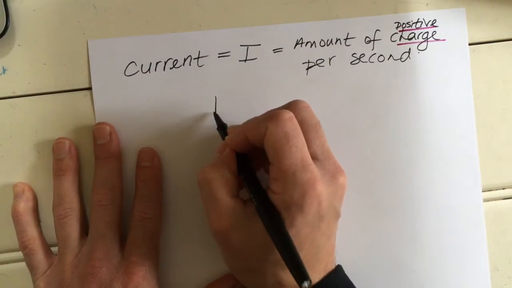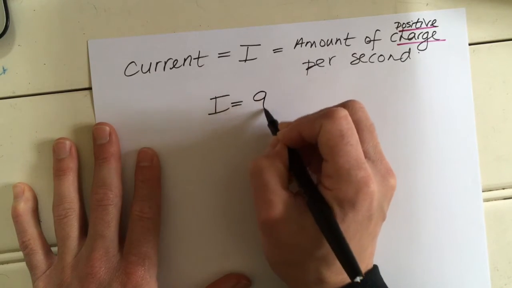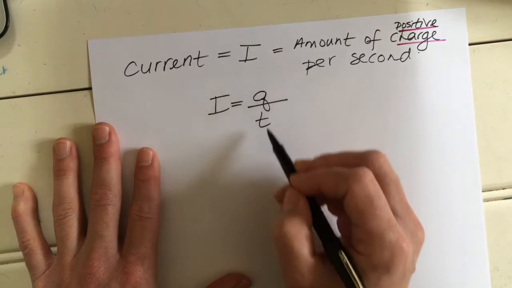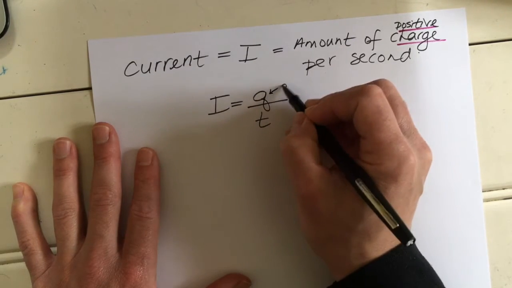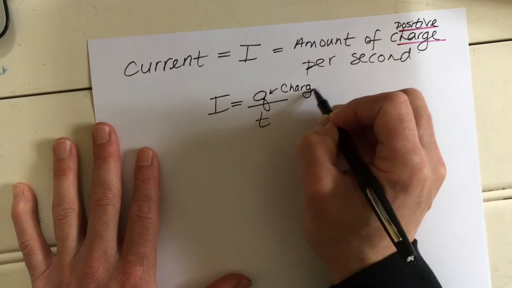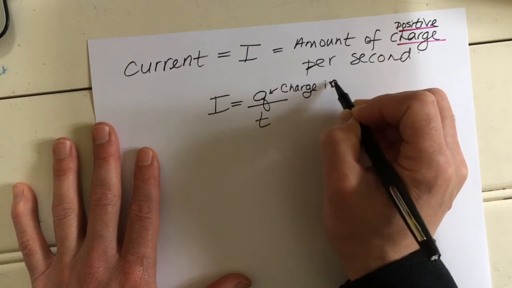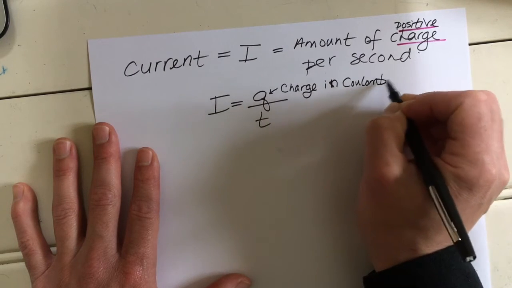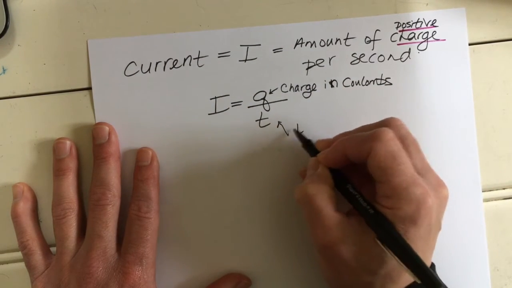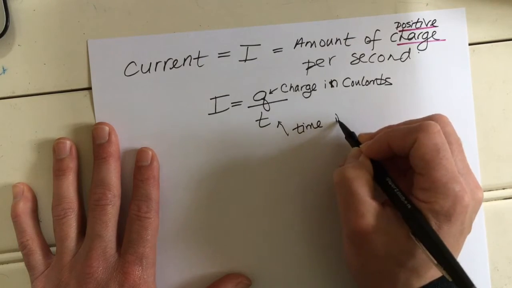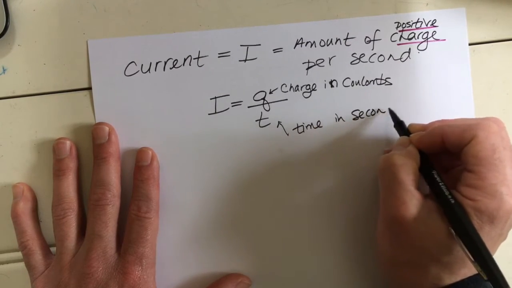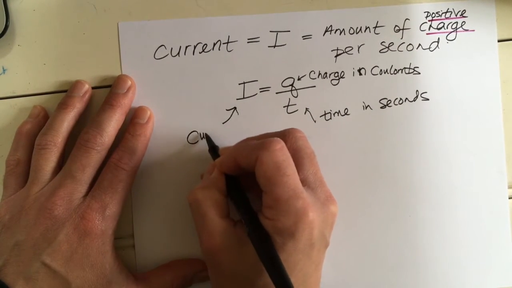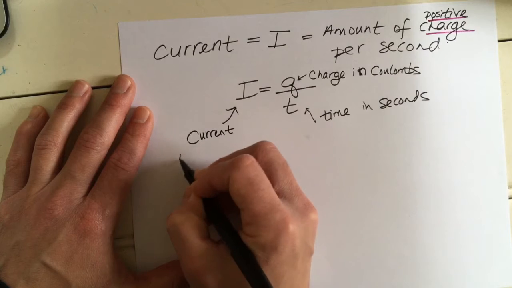If you remember, the symbol for charge was Q. If it's per second, we're saying that I is equal to Q over T, where Q is charge in coulombs, T is time in seconds, and I is current in amperes.